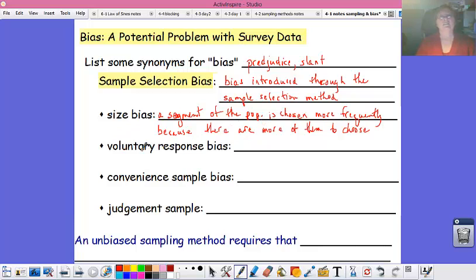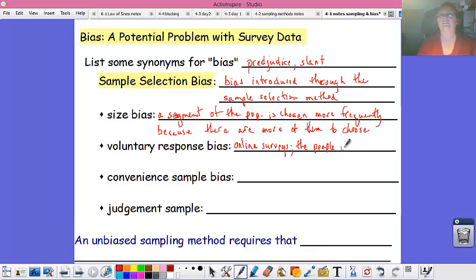Okay. The next of the sample selection biases is called voluntary response bias. And folks, I generally think of this in terms of call-in surveys or online surveys where the people who respond really care deeply about the issue. They wouldn't respond if they didn't. The only people who respond are those with strong feelings, okay?